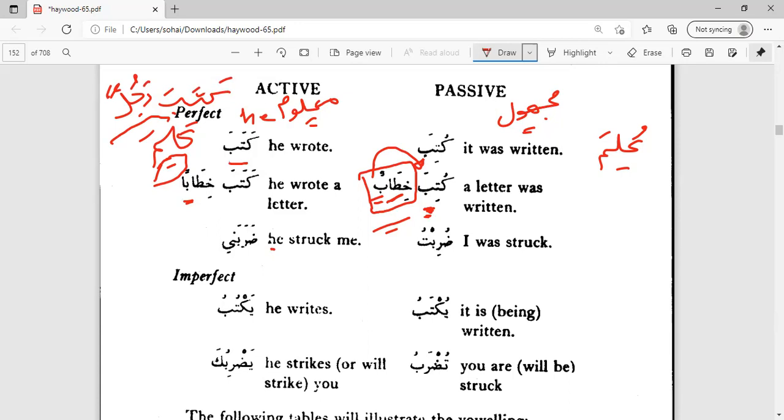Then it gives another example. So if you say darabani, here daraba is the active verb, and ni is the object. Darabani, he struck me. Or you could say duribtu, I was struck. You make it majhul or passive. How do we do that? Dhamma on the first root letter of the verb, and kasra on the second root letter.